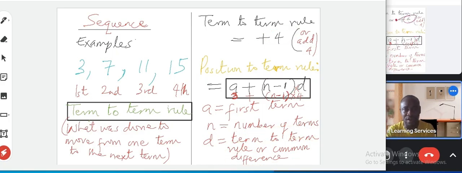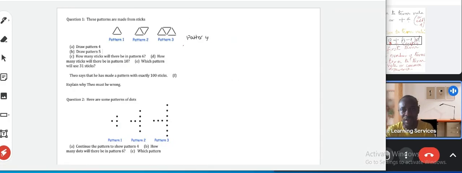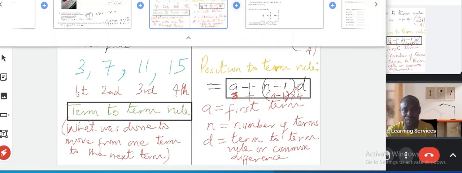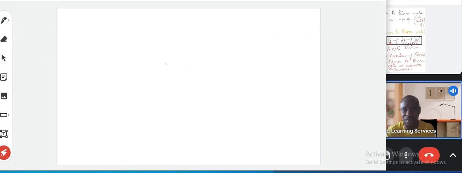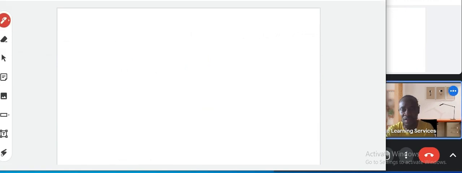Okay, let's just go to the next page and simplify that. I need to create another one so that we can simplify it on that page. Go to the next page, let me simplify that. So the term to term rule becomes, no, position to term rule.